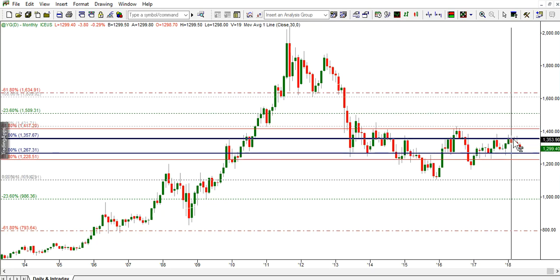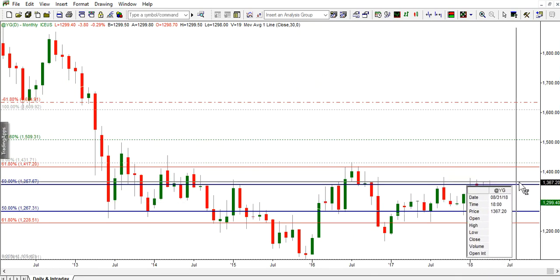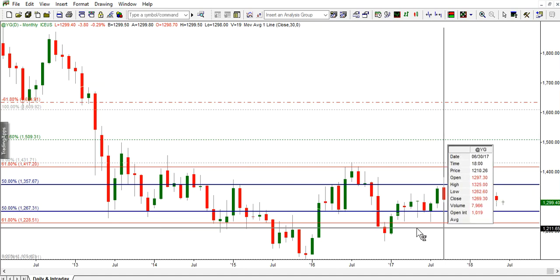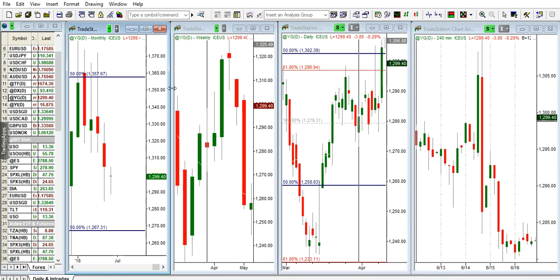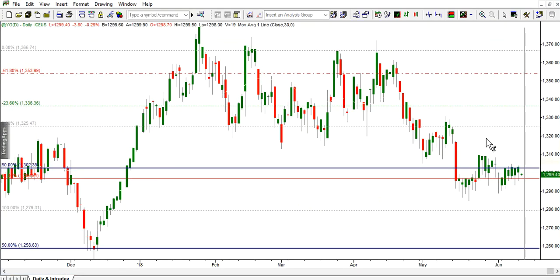Now they start holding, but bears were also participating. So the market is really moving between 1267 here and 1357. Nothing has changed over the last several months, since almost the beginning of 2017. So I do not expect or anticipate a lot in this market.